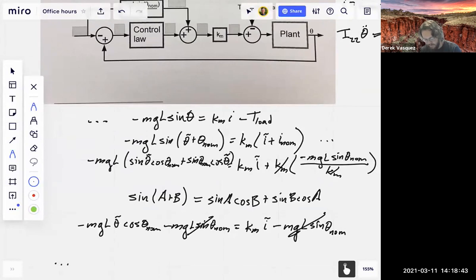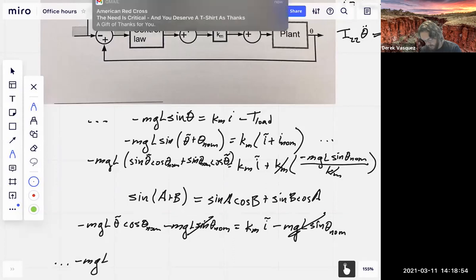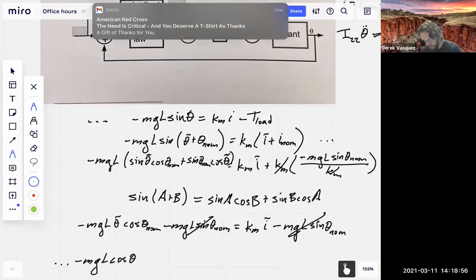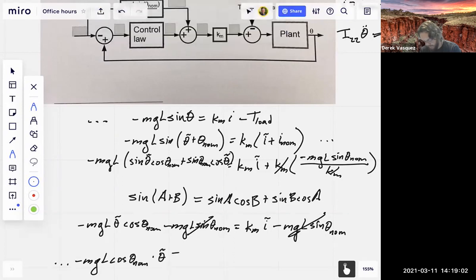And so we still have our constant higher order terms. So the Iz theta double dot tilde plus b theta double dot tilde minus mgl cosine theta nominal times theta tilde equal to km I tilde plus T load.